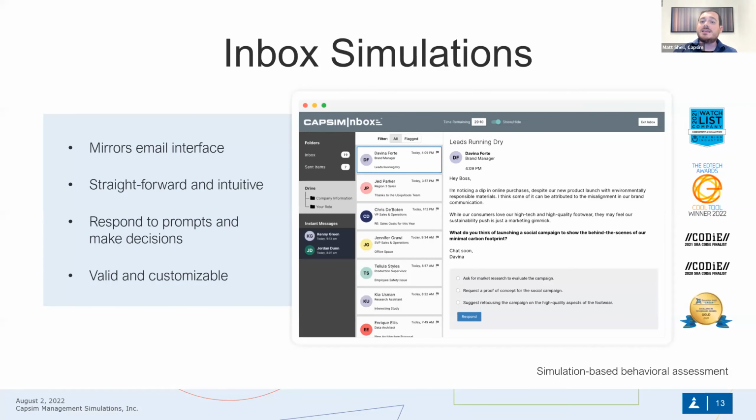But so what exactly is an inbox simulation? Well, the best way to describe this is as a simulated experience where we put learners in a day-on-the-job scenario where they can put their soft skills to the test by navigating the very situations they experience as a part of their job every day. And what's equally important, as the name suggests with inbox simulations, this is mirroring the email platforms that virtually all of us use from day to day.